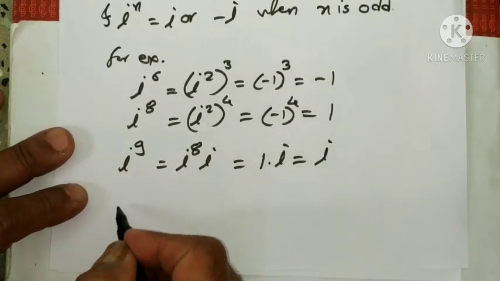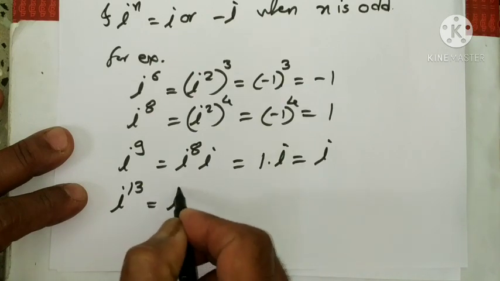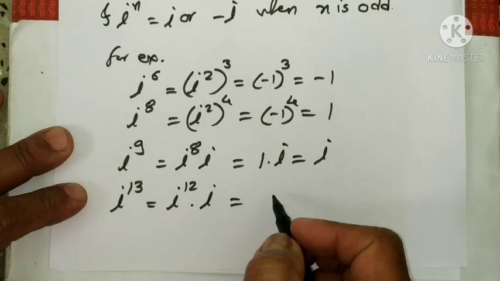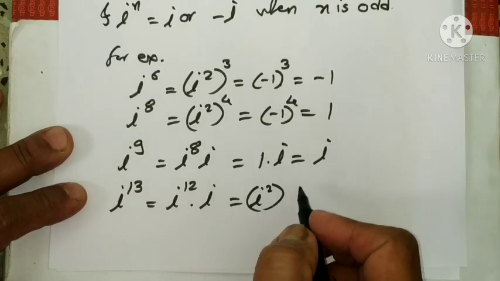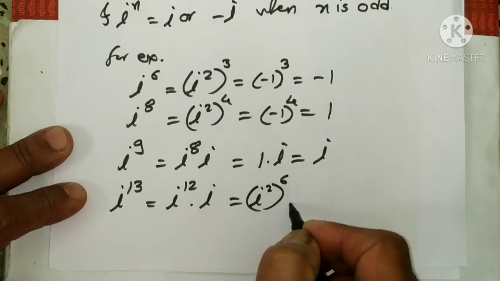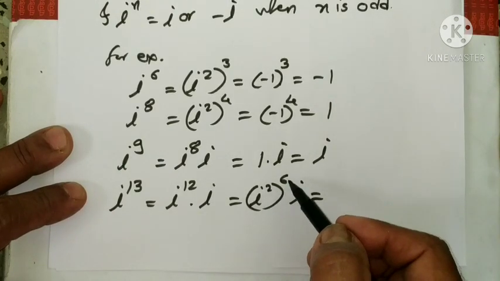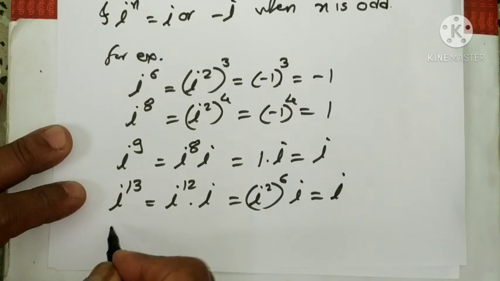Similarly, i raised to 13 is equal to i raised to 12 into i, which is (i square) raised to 6 into i. The power of i square is 6, which is an even number. Therefore, the value is i.